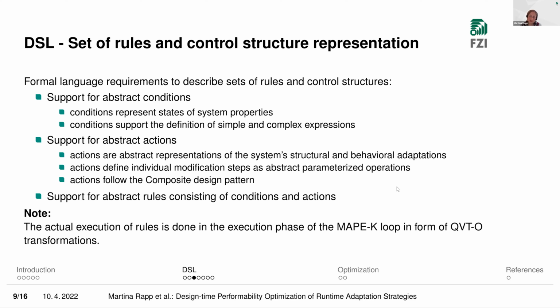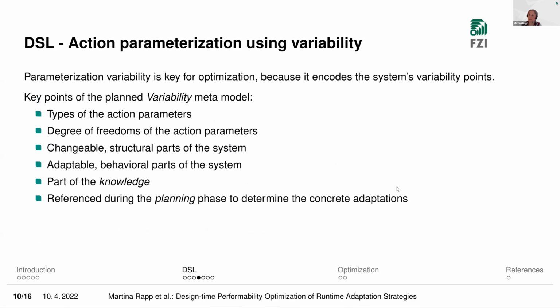Also, these actions define individual modification steps as abstract parameterized operations. And a quick note on the side, the actual execution of the rules is for sure done in the execution phase of the MAPE-K loop. And usually it's done in some kind of QVTO transformations.